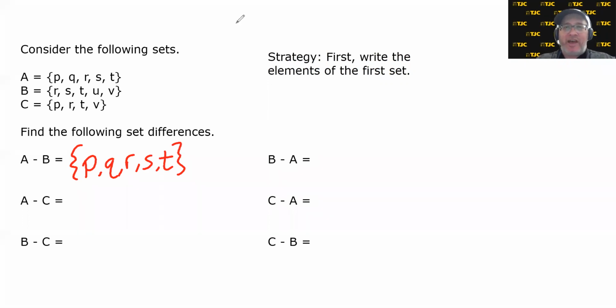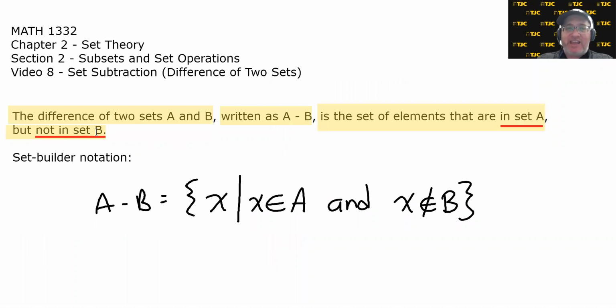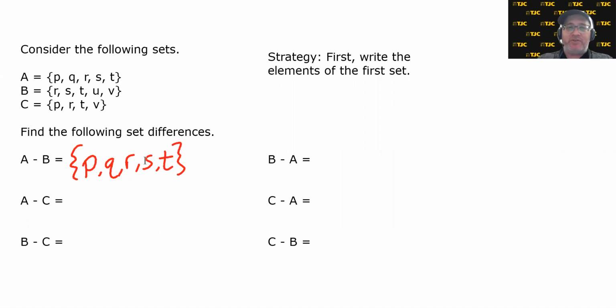So what do we do after that? Well, our set difference contains everything that belongs to the first set but not the second. So we want everything that's in A but not in B. So let's start with everything in A, but we want to remove the ones that belong to B because, remember, the definition says it can't be in the second set. So one at a time, we have to ask ourselves, do you belong to set B? Do you belong to the second set? And if you do, we cross you out. And that's going to be the continuation of our strategy.